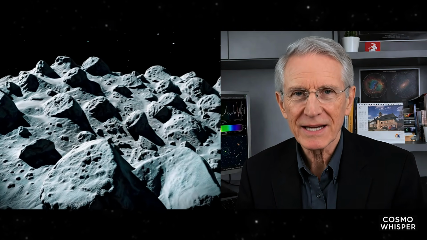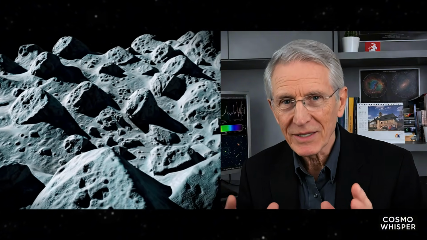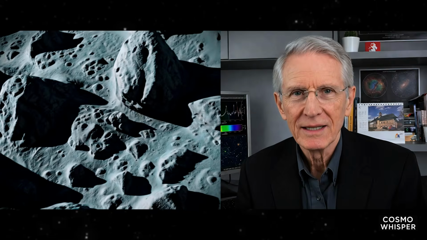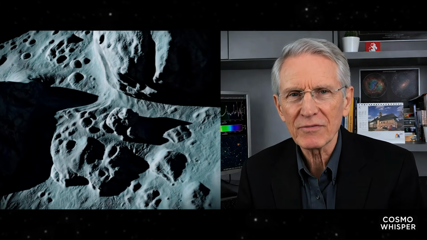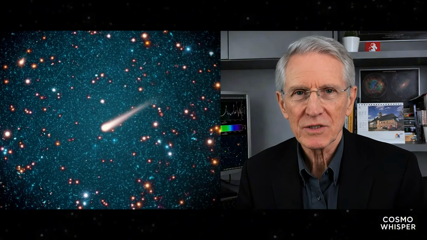If the anti-tail isn't dust and it isn't gas, we are left with a possibility that challenges our definition of a comet. We have to consider that the fragments themselves are the story.